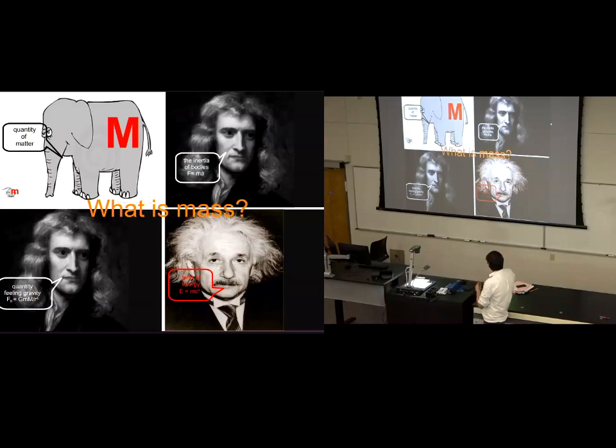But let's get back to what is mass. So this is a slide of our developing understanding of what is mass. And it's an understanding that has developed over many centuries of scientific work, but it's also a developing understanding for us individually, because we're going to start up here in this corner.